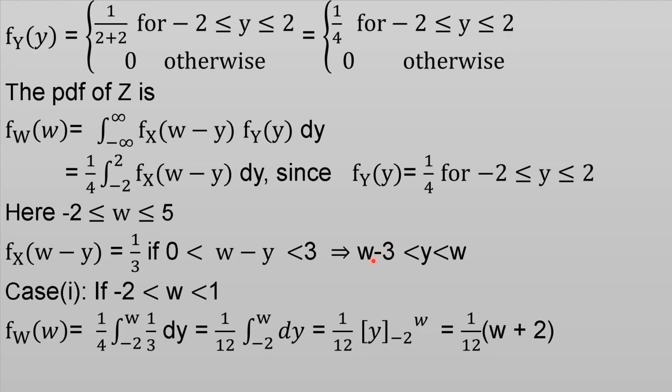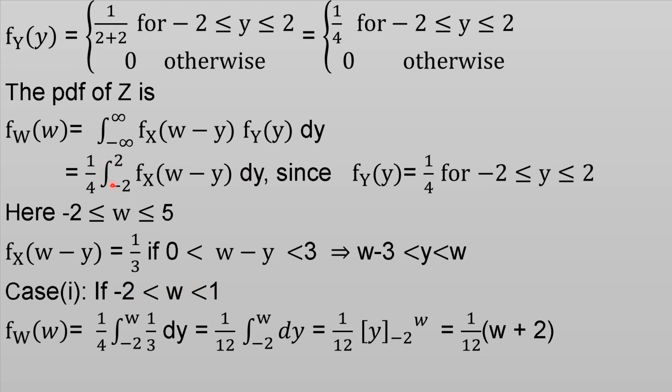So for w minus 3 lying below -2, when w lies between -2 and 1, you ignore all those values and start from -2 itself, because y starts from -2. So take the lower limit as -2 itself. For the upper limit, y should be less than w. Now w is taken as values between -2 and 1, which lies between -2 and +2. So the upper limit of y is that w value, whatever it is.